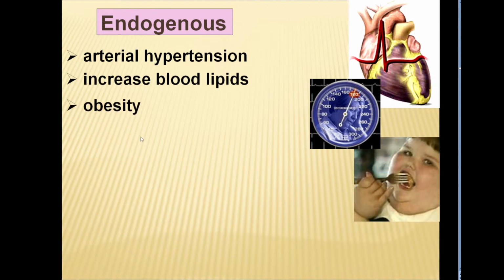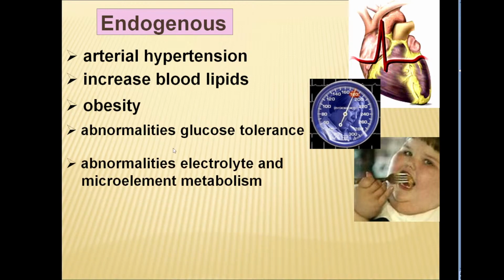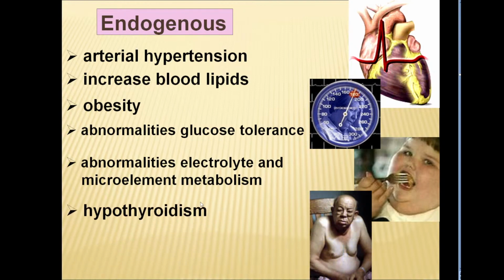Obesity may be alimentary or hormonal, sometimes not dependent on our wishes. Glucose tolerance abnormalities provoke disordered lipid metabolism, and as a result, formation of atherosclerotic plaques. We must remember about electrolyte and microelement metabolism.